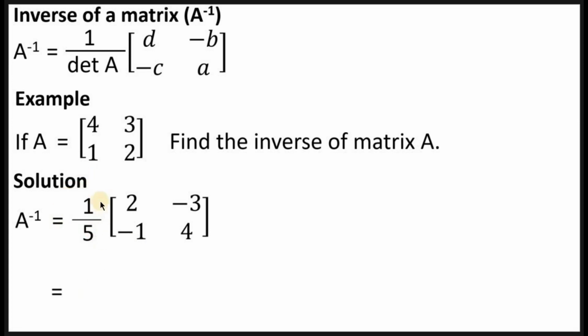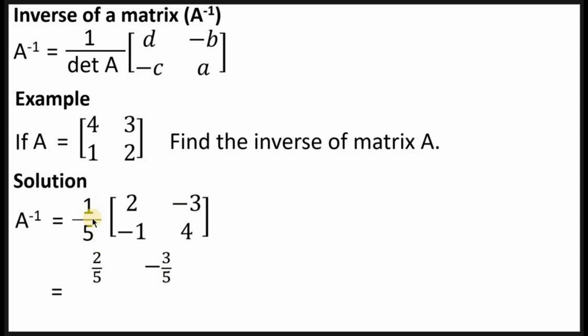This becomes just a scalar number which we are multiplying with each element inside the matrix. So 1 over 5 times 2 gives 2 over 5. Then 1 over 5 times negative 3 gives negative 3 over 5.